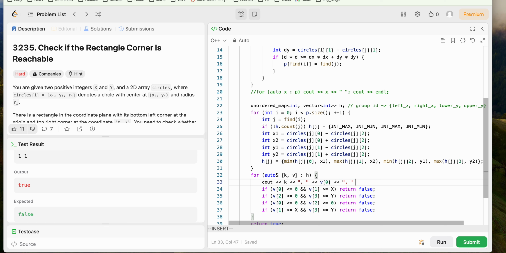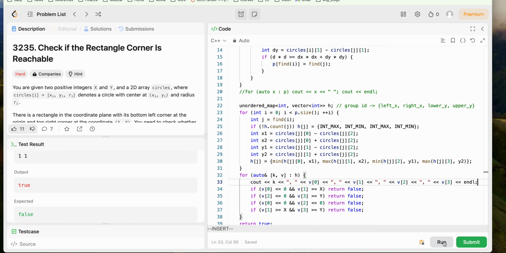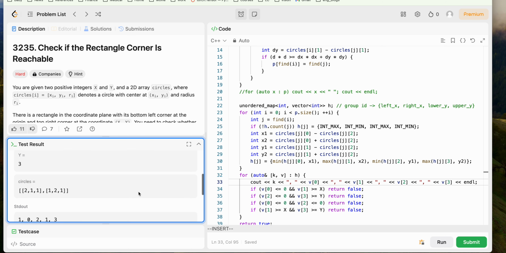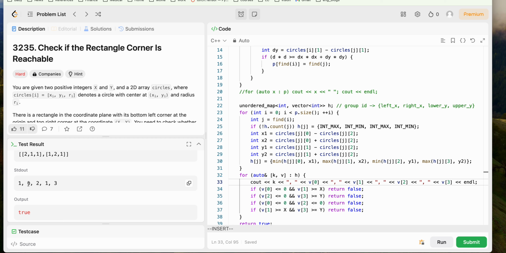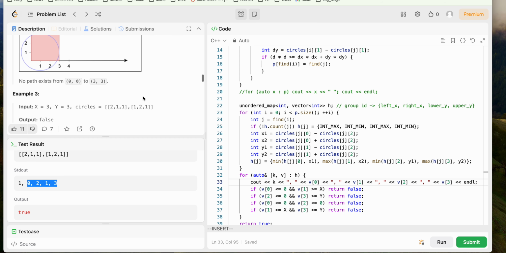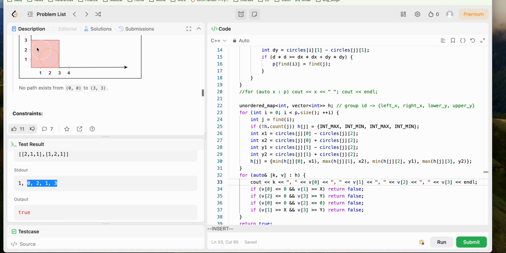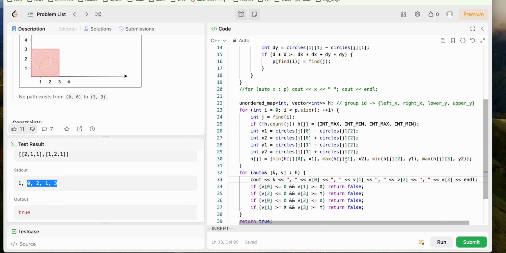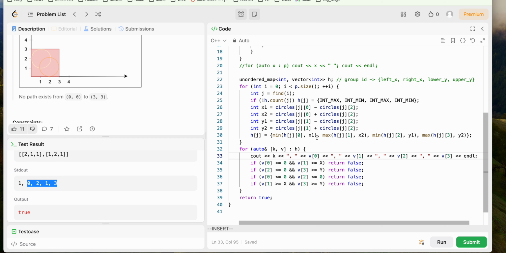V0, V1, V2, V3, okay? We're supposed to just output one line. Okay, so 0, 2, 1, 3. Let's see, it is for this condition, right? 0, 2, 1, 3. It seems something is missing here.